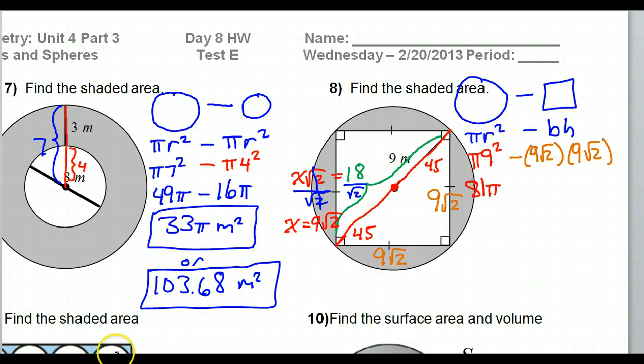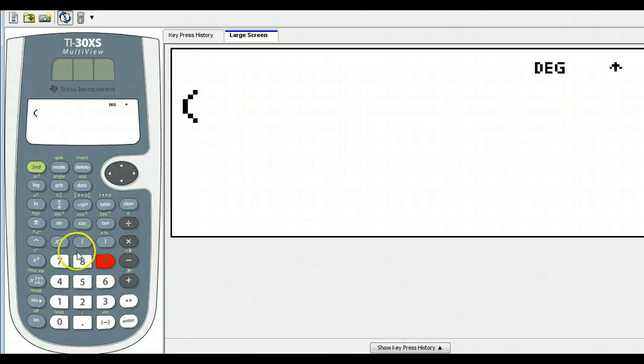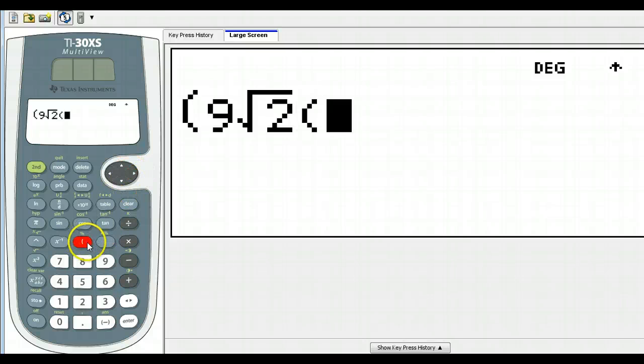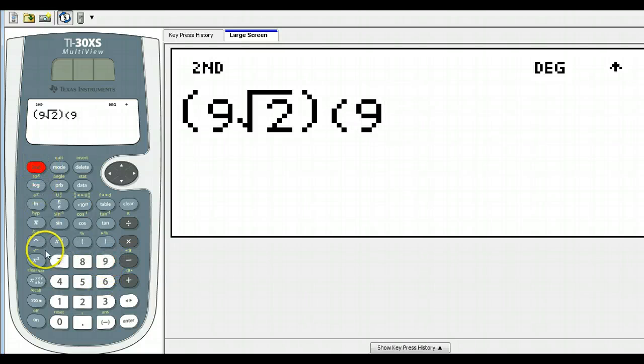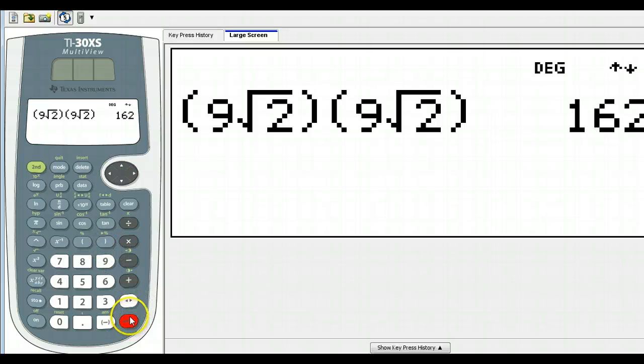So let's put that in your calculator. Okay, 9 radical 2 times 9 radical 2. That gives me 162.